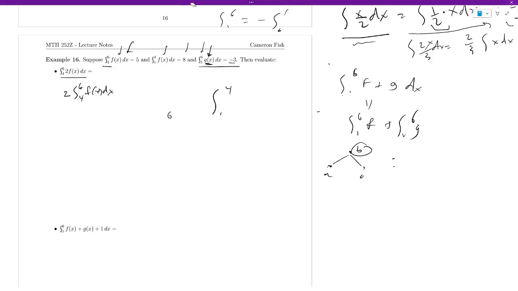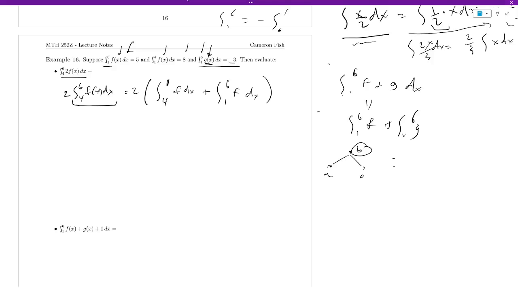So let's just put this together. Our integral here is 2 times something. What can I do from 4 to 6? 4 to 6 is the same as going from 4 to 1 with my function, plus going from 1 to 6 with my function. That's using the breaking up of the middle rule. I could pick 100 as my in-between b number.